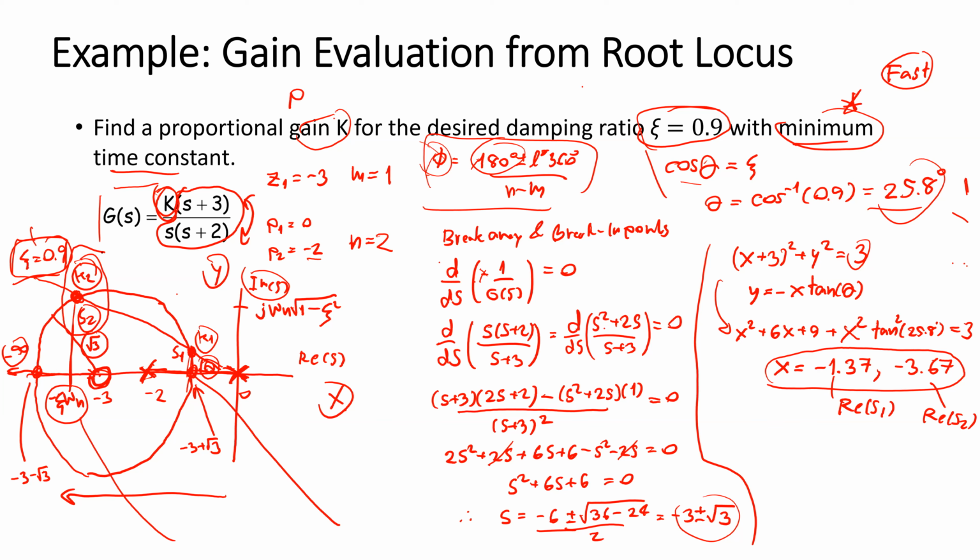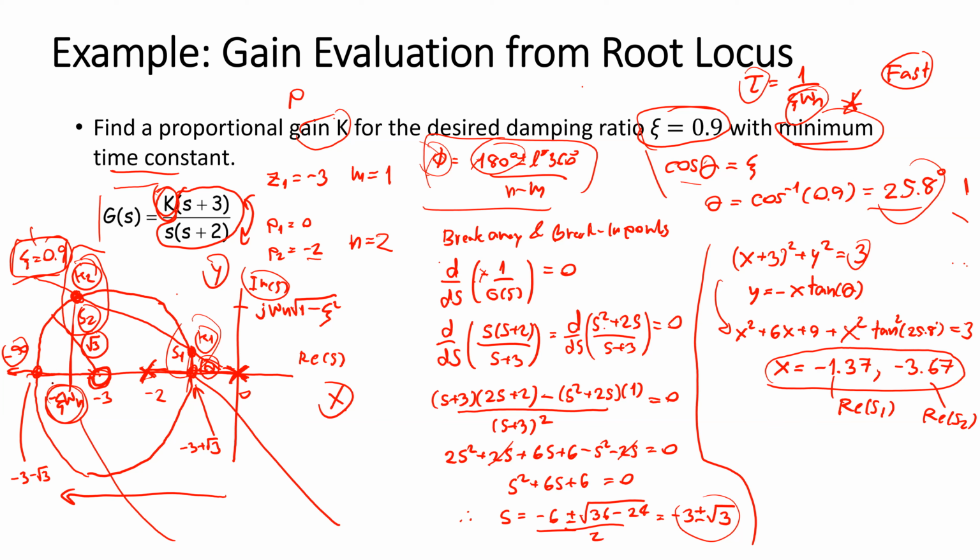We are not going to select K1 and S1 because the system gonna be slow. Actually, the time constant is 1 per sigma omega n. If we want a small time constant, sigma omega n should be the big solution, the big one.